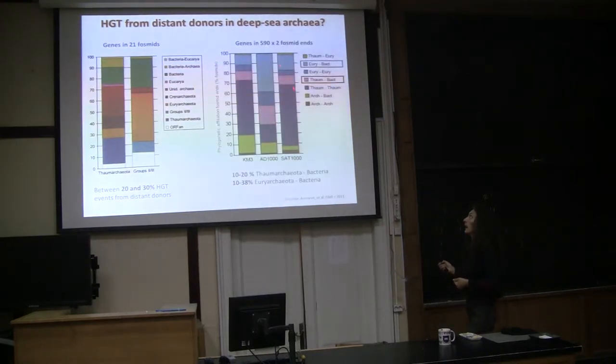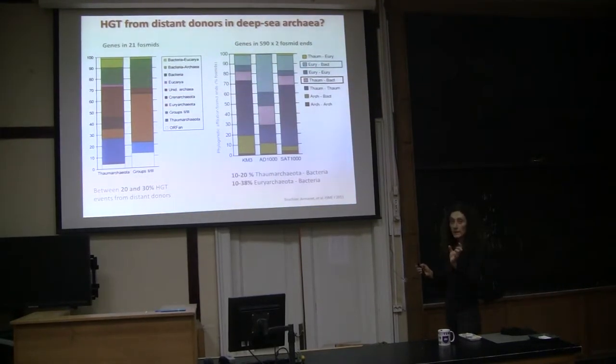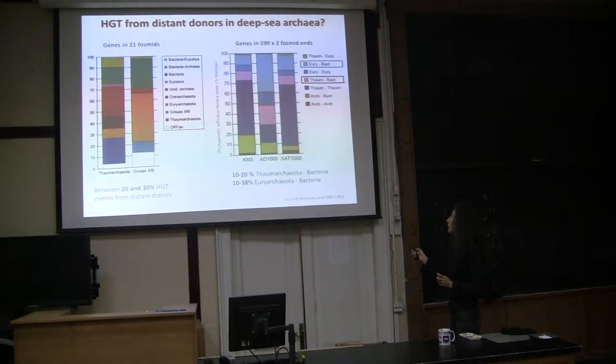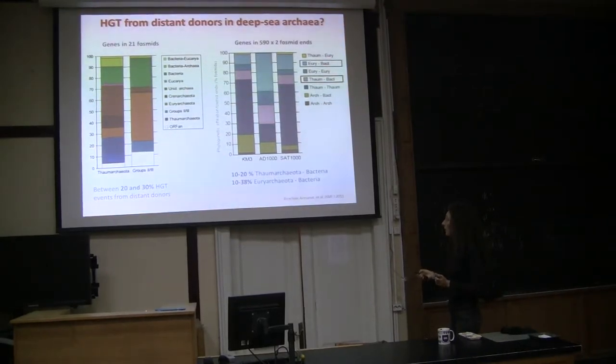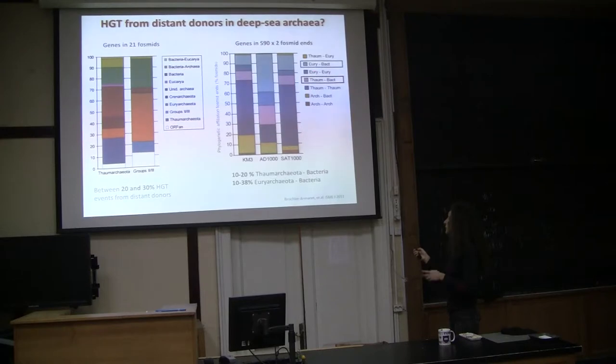And if we looked at the extremities of genomic fragments that were cloned in our libraries, we detected that between 10 and 20%, depending on the different libraries, corresponded to genome fragments with one extremity of Eukarya type and another bacterial, or between 10 and 34% in the case of Archaea and bacteria. So with the Archaea-bacteria link, this is suggestive of potential horizontal gene transfer, but we needed to test it further.